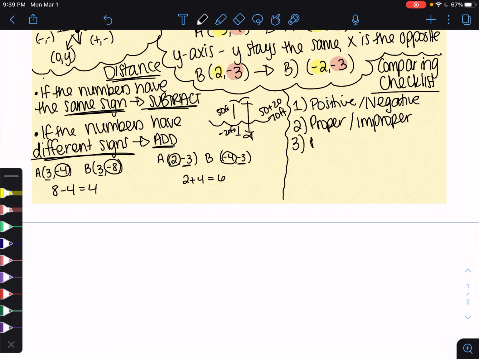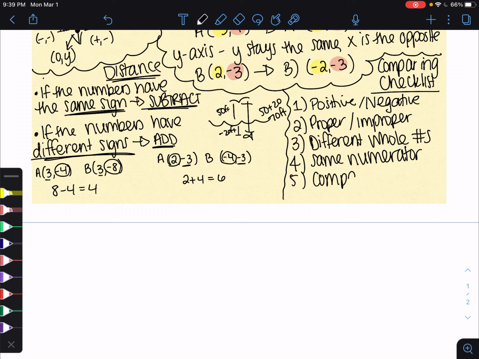Number 3 was different whole numbers. Number 4 was same numerator. Number 5 was compare to 1/2. And number 6 was common denominator. So this is just like what the checklist is.